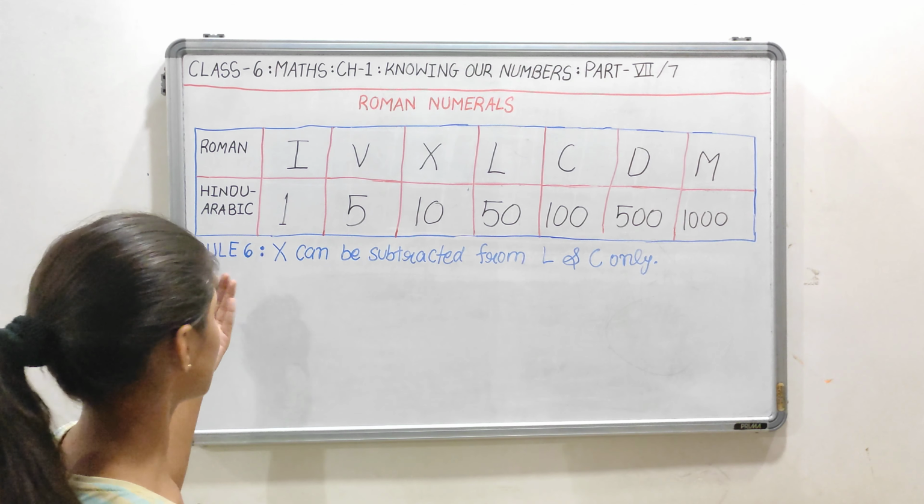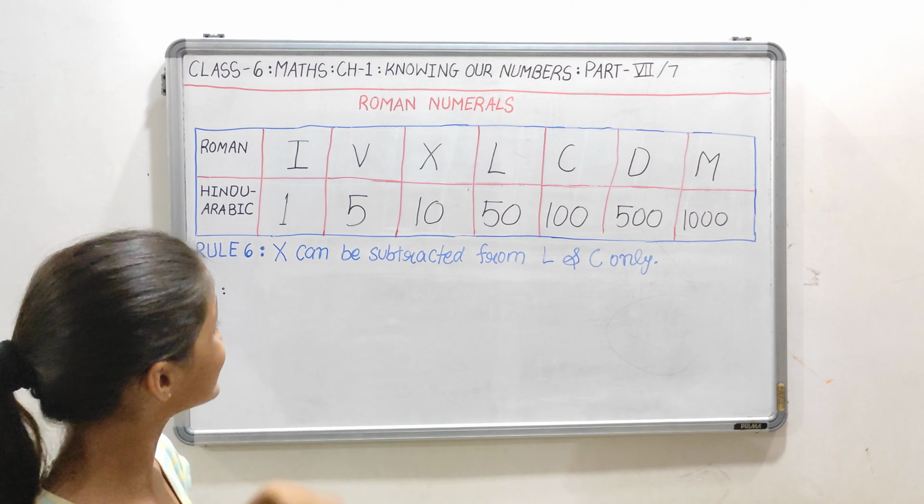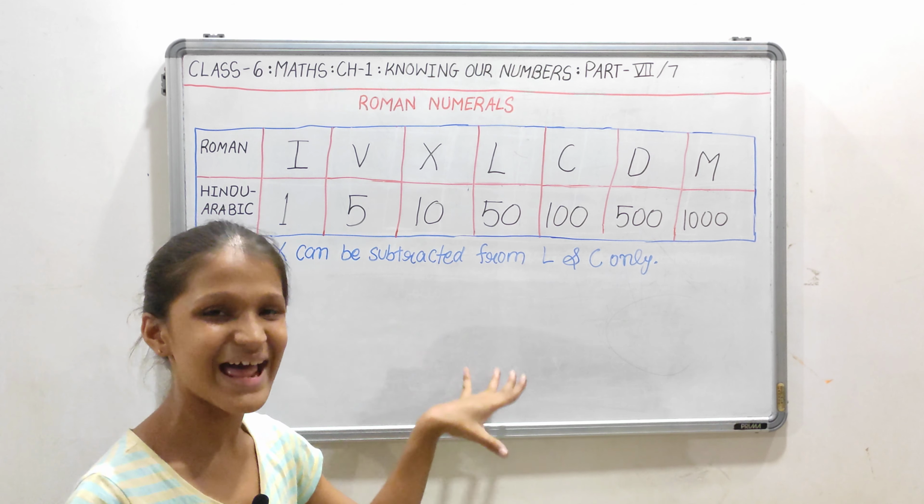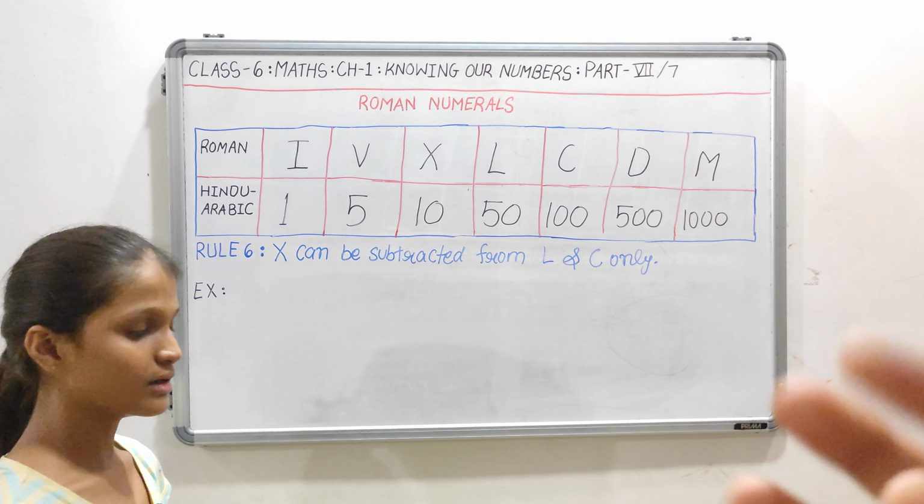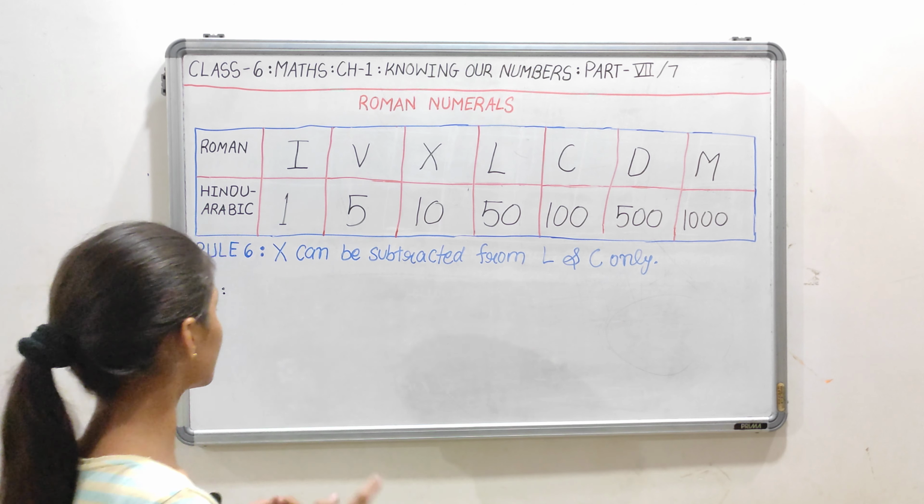That means our next rule is rule 6. X can be subtracted from L and C only. Again we have a rule just like the previous rule, rule 5.